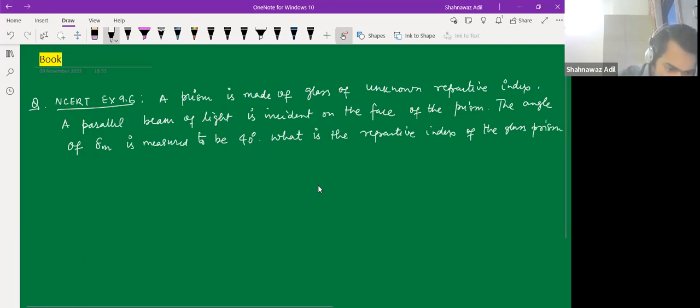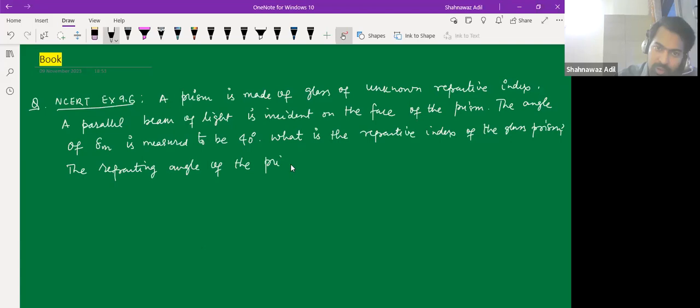The refracting angle of the prism is 60 degrees. So what is this 60 degree? Yes, guys, please tell me.